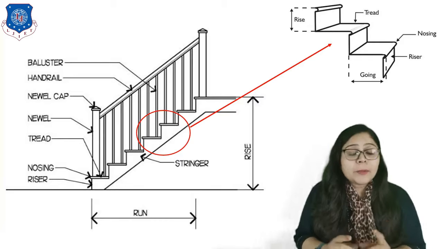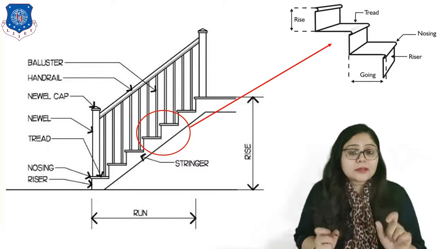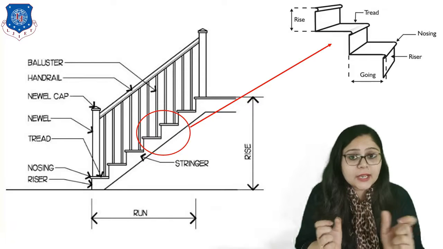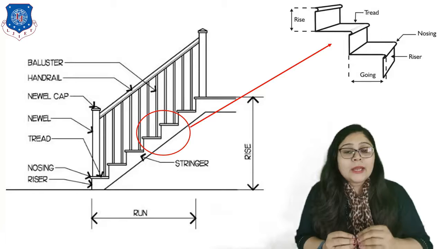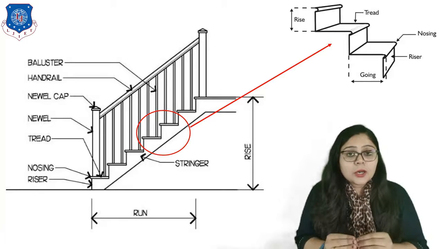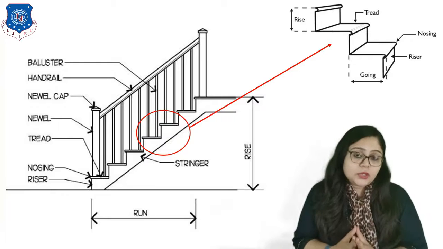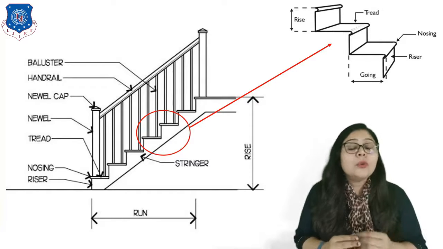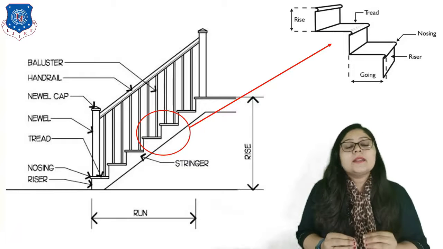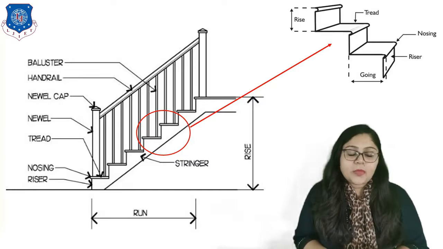But please keep in mind that the first and last balusters have different thickness and shapes for safety, as well as where a turning is possible. At that point, it is known as the newel post, and this post has newel caps also for more safety, right? So these are the terms that we should know for stairs.